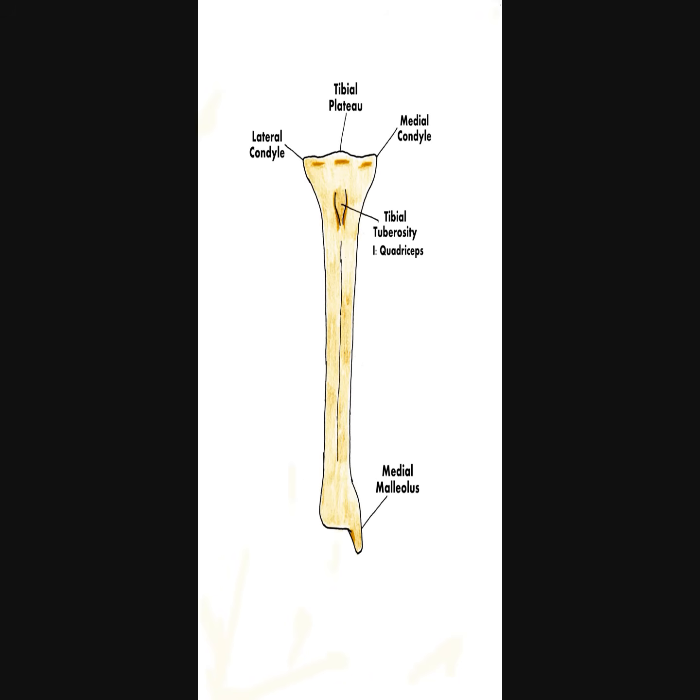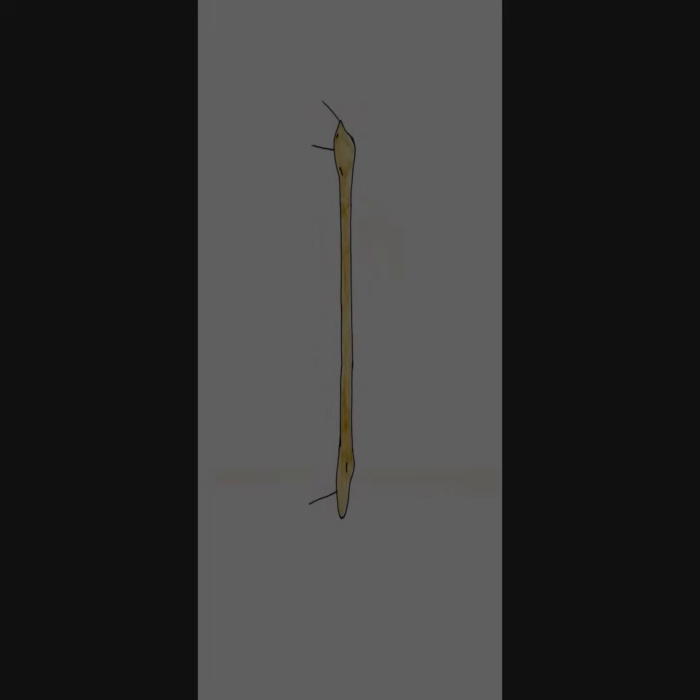And the malleoli, the one on the tibia and the fibula, are what people think of as the ankles. They can break, and typically that's what is broken if you have a broken ankle. It's one of the malleoli. Typically it's the lateral malleolus, the one on the fibula. And that is the tibia.